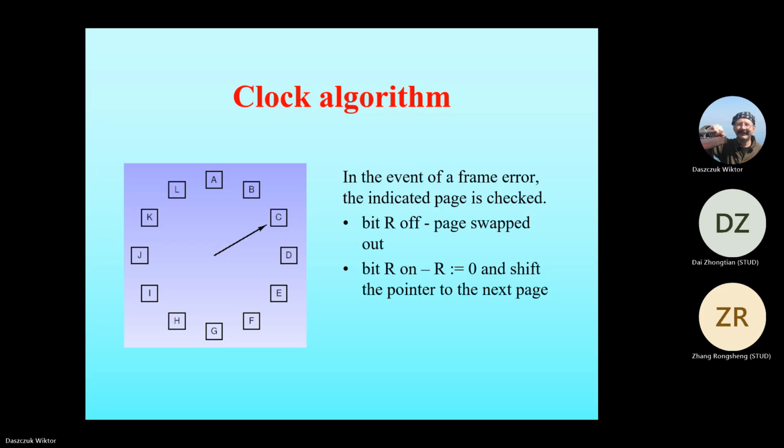Maybe others are with R0, we don't know. But if all other pages have R1, finally we will get our frame for the second time. Now it has R0, so we swap it. So the working of this algorithm is somehow similar to second chance.